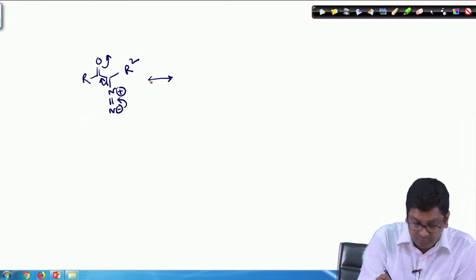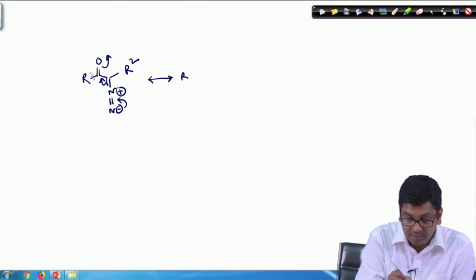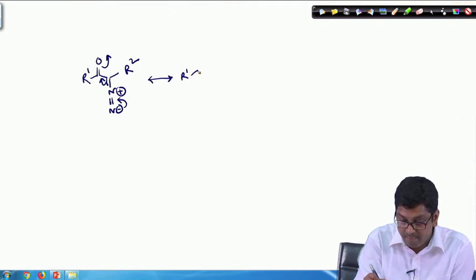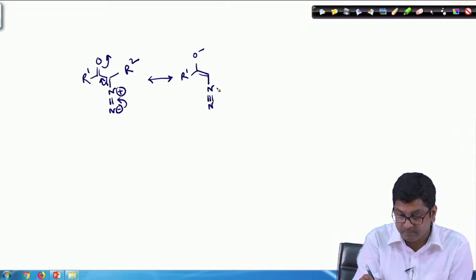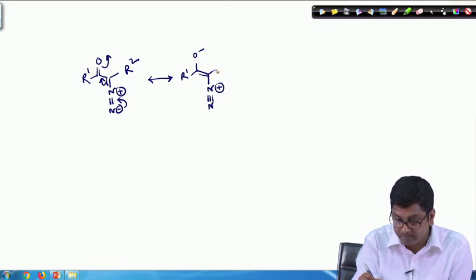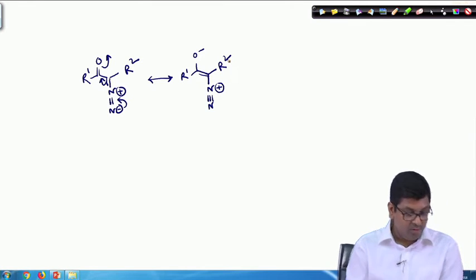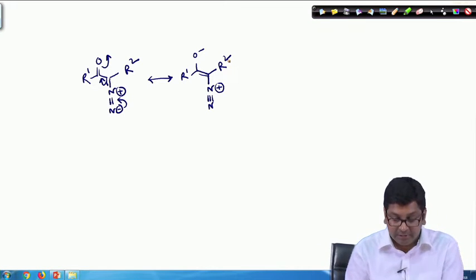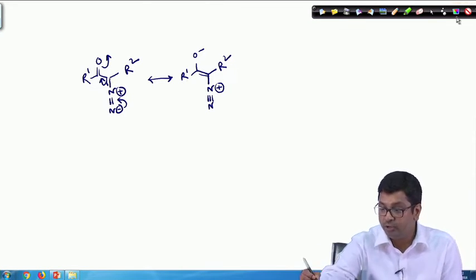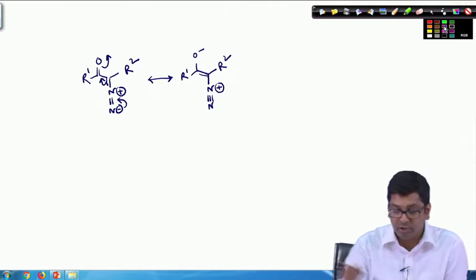So, here the electron withdrawing carbonyl groups stabilize the diazodipole. So, what stabilizes this diazodipole?